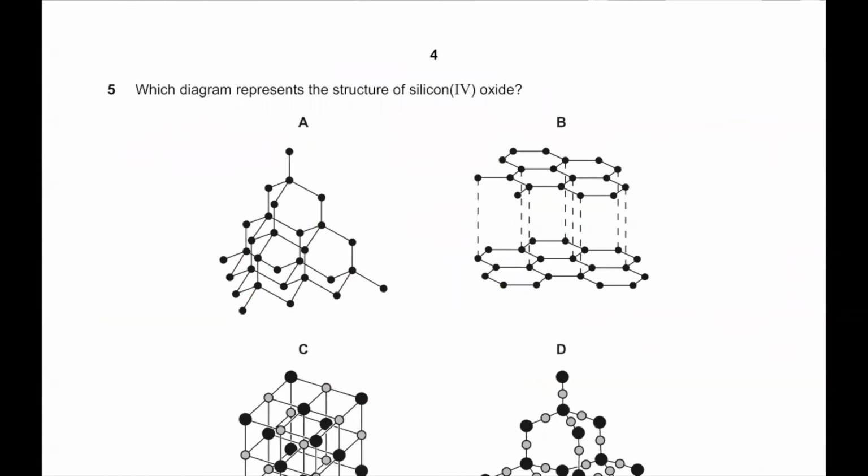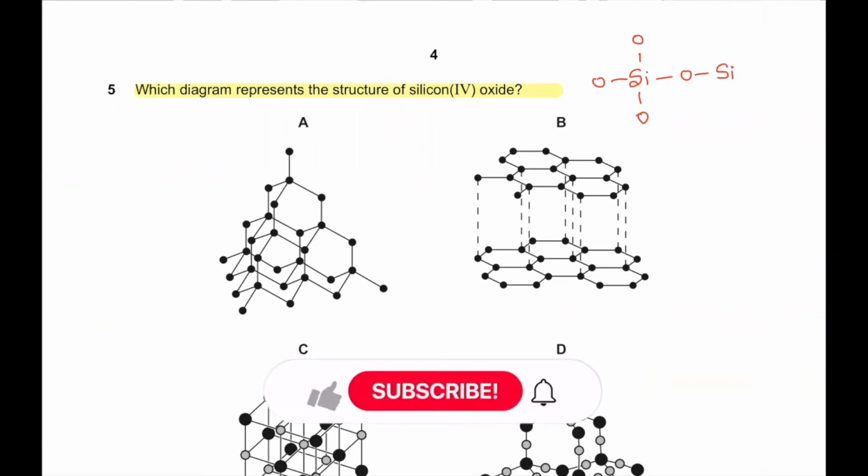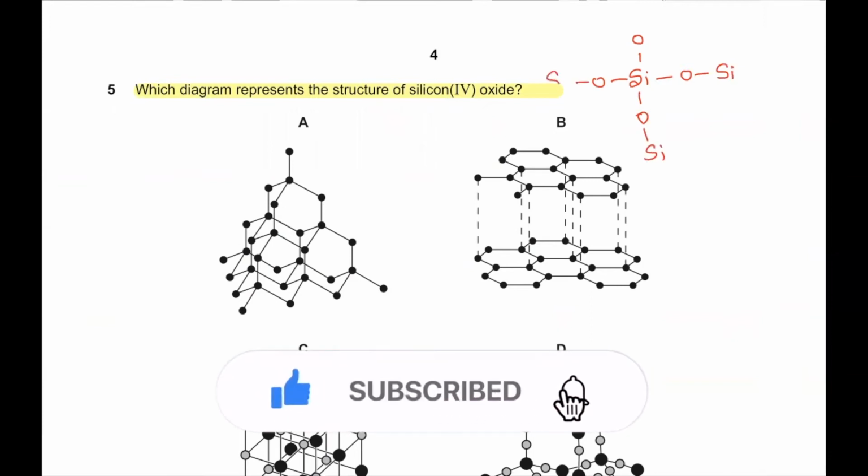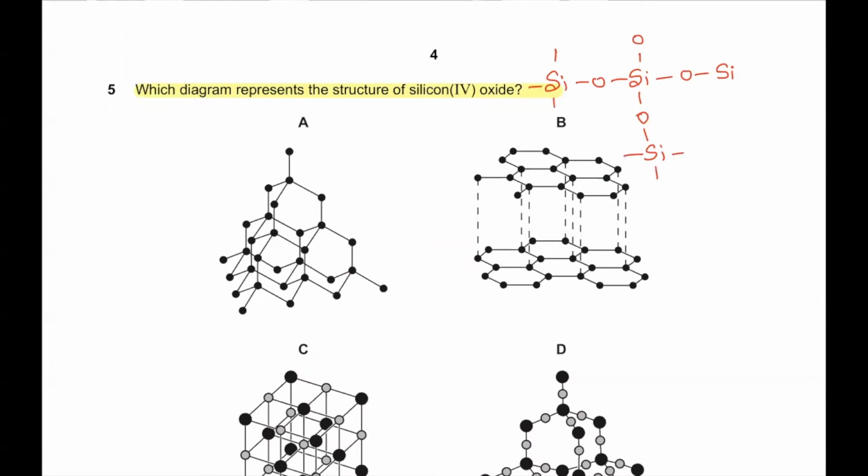Question number 5. Which diagram represents the structure of silicon(IV) oxide? We know that silicon forms 4 single covalent bonds with oxygen, and then each oxygen bonds with 2 silicons, as demonstrated in this diagram. This structure looks similar to the structure of diamond.